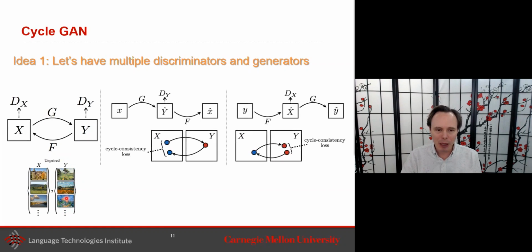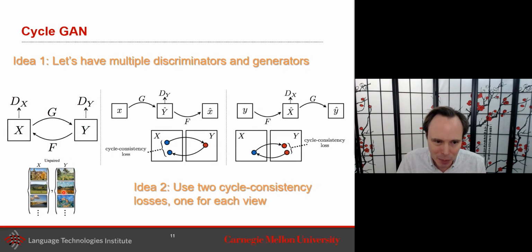So for that, I will in fact have two losses. And that's the interesting thing: I will take some image from X, generate Y, but in such a way that the Y is able to regenerate X. That's kind of the autoencoder.